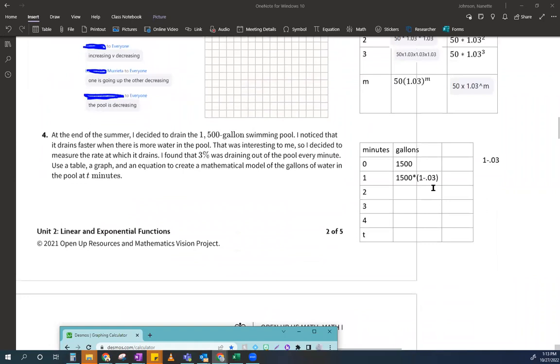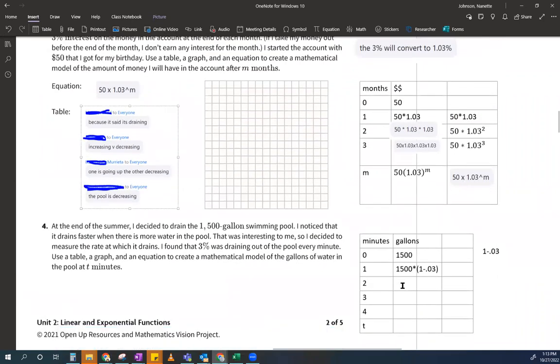So then I'm going to continue on, and it's going to look very similar to this. By the way, what is this next line going to say? How do I get to the second minute?